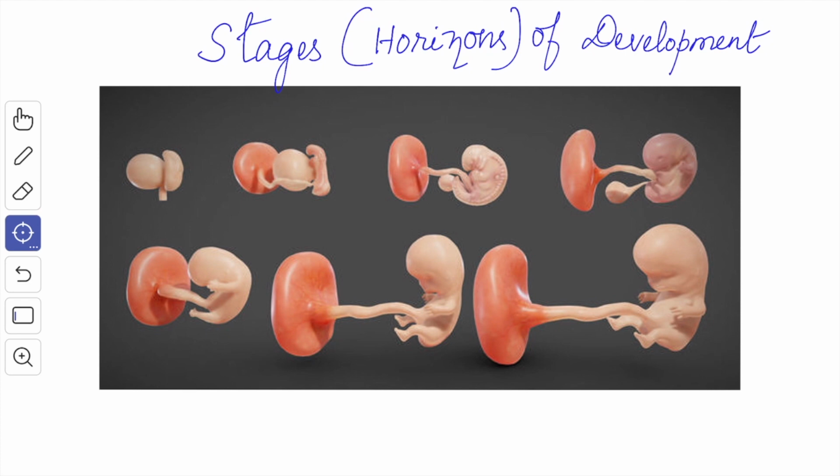The entire process of human gestation is broadly subdivided into the germinal period for the first 3 weeks, the embryonic period from the 4th to 8th week, and the fetal period from the 3rd to 10th lunar month till the birth of the neonate. For further detailed study of the sequence of development, the germinal and the embryonic periods are classified into a number of stages or horizons.